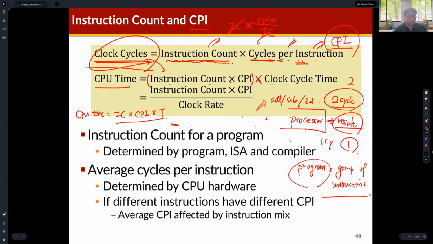So just remember this equation. We frequently use this equation to calculate the CPU time. Okay.